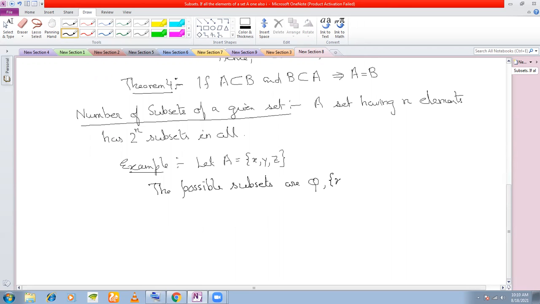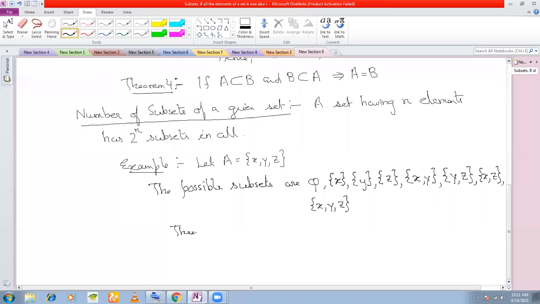Next, each of these singleton sets will be a subset of A. Next, the doubleton sets, or each element taken 2 at a time. These will be the subsets. And what else? This, right? Can you think of any other subset? No. So if you count how many subsets there are, you see that there are 8 subsets.